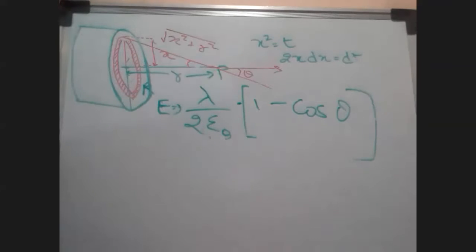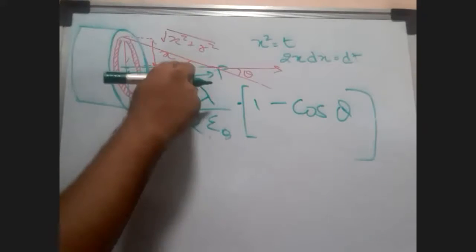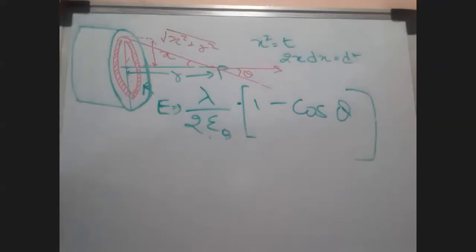Now I will tell you something. This is a trick. If you increase this theta, you keep increasing it, let's say to pi by 2, what will the disk become?